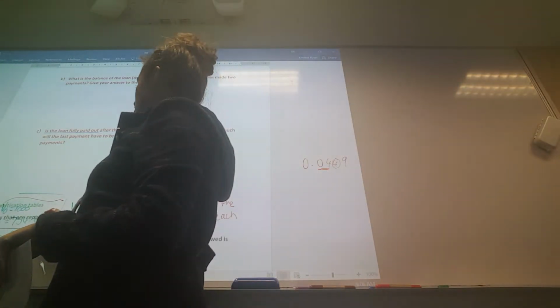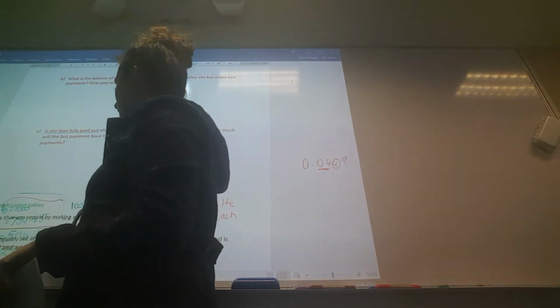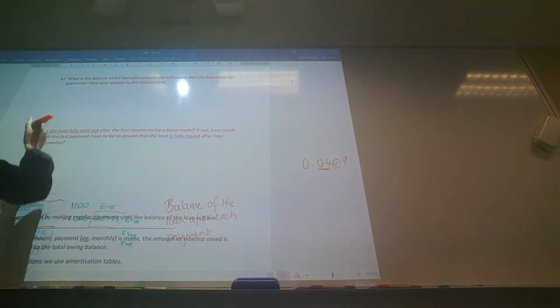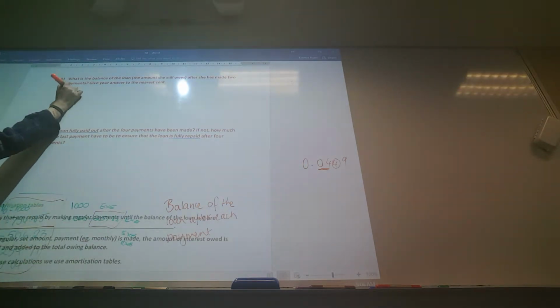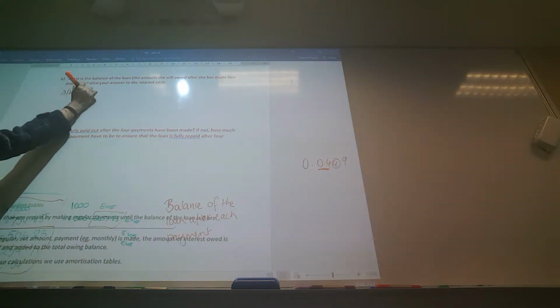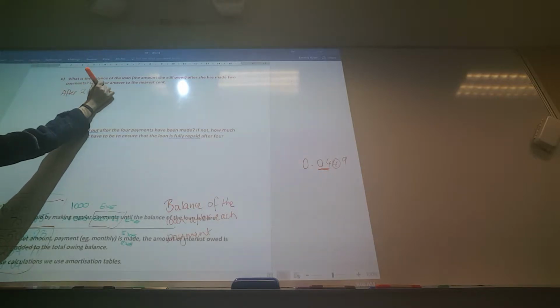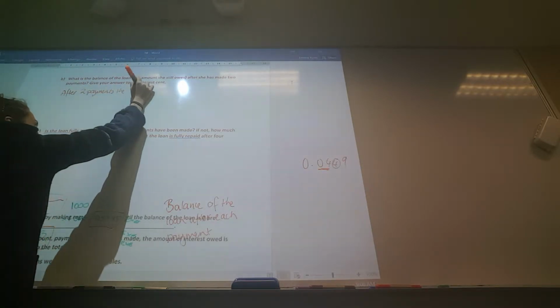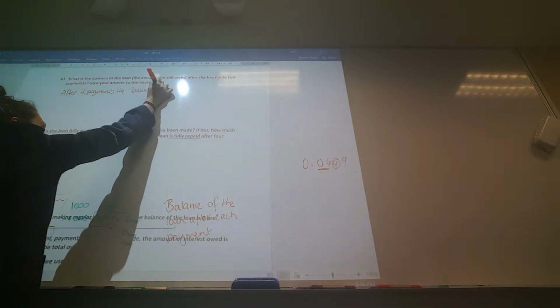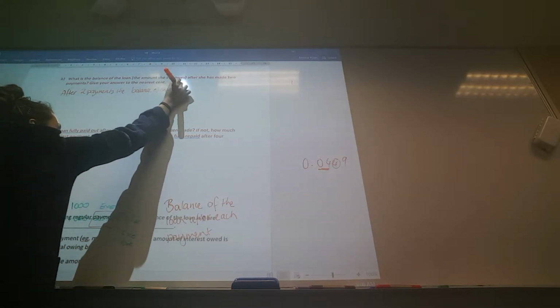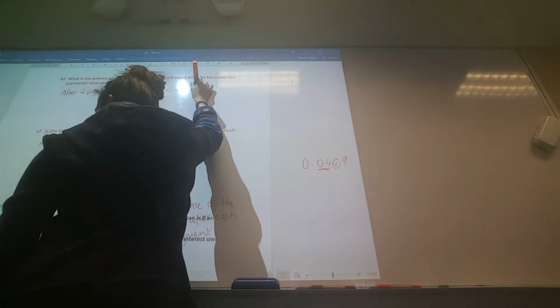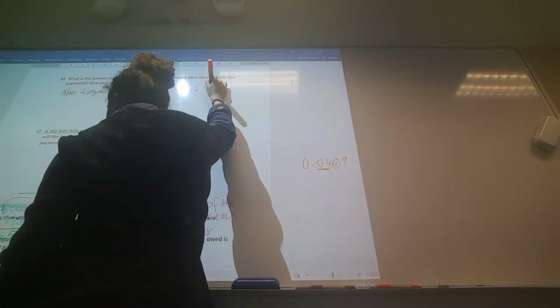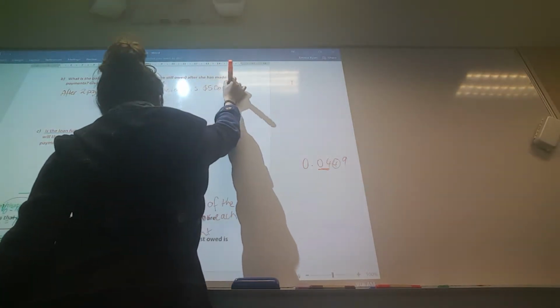After she's made 2 payments, so we're looking at this one. After 2 payments, the balance of the loan is $506.23.